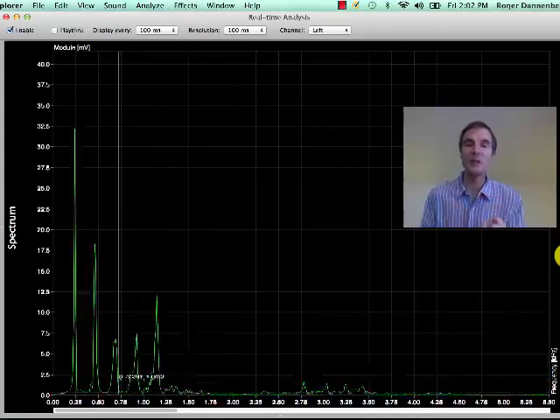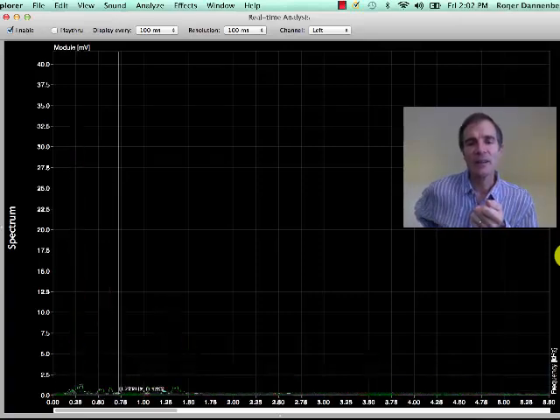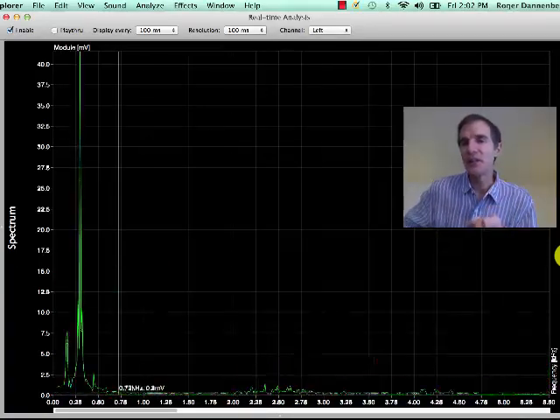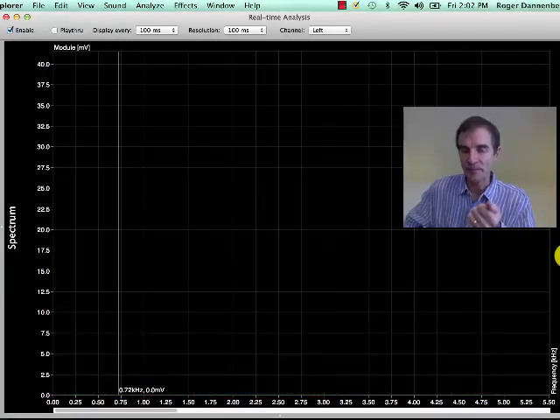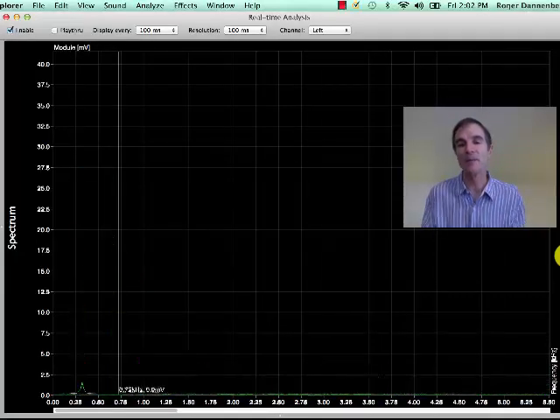Now this is a little misleading, because this spectrum that you see is obviously changing as a function of time, and a true Fourier transform integrates out all time for a sound.